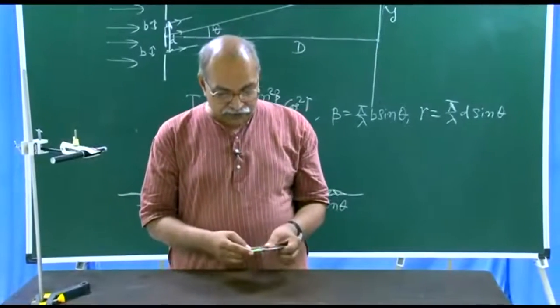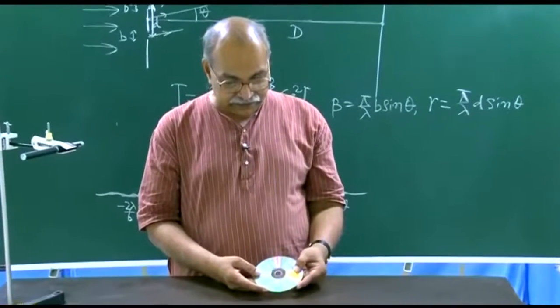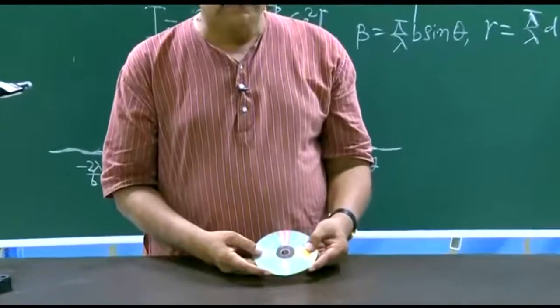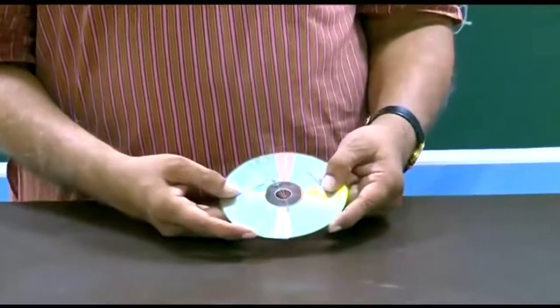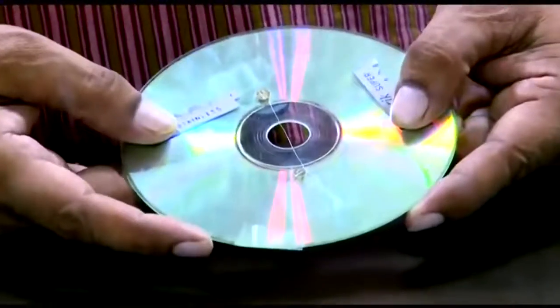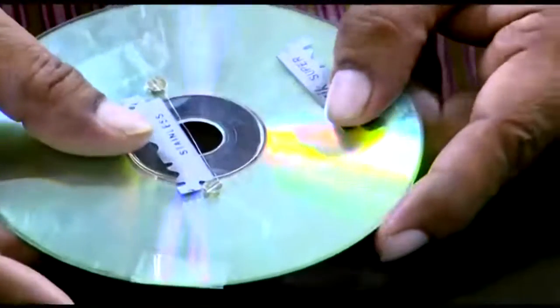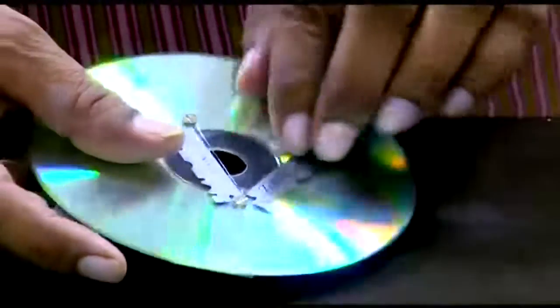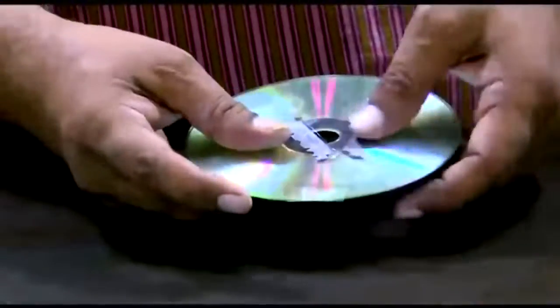To make the double slit, we have taken once again a CD, and across that central hole we have fixed a thin wire, and then we have two pieces of razor blade, which we are putting on the two sides of this wire.